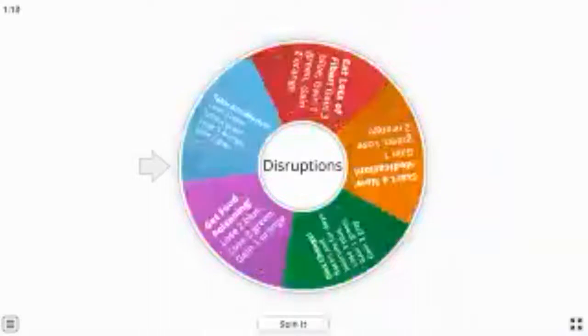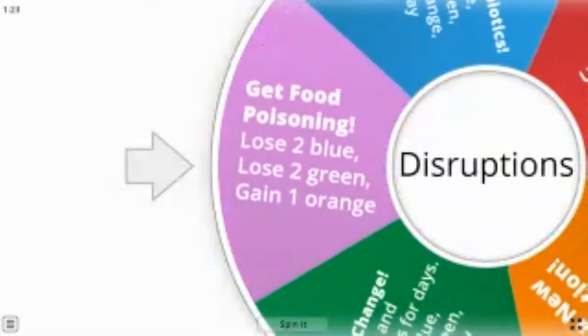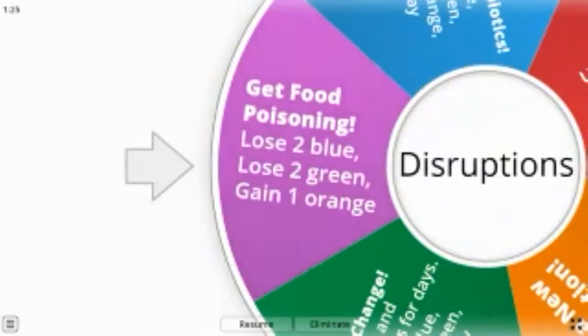Let's check out spin number 3. Uh-oh. We got food poisoning. We're going to lose 2 blue, 2 green, and then gain 1 orange.